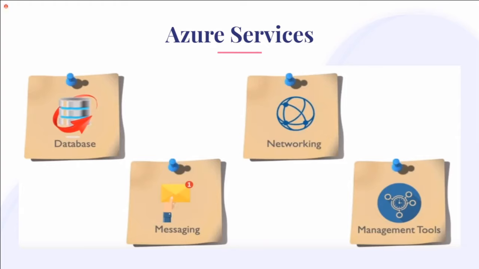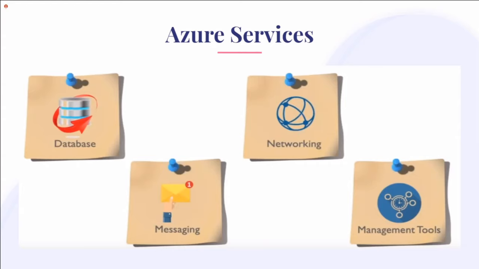Now let's go to networking. Again, this is one of the most important features and services provided by Microsoft Azure. Let's say we have an on-premises environment. Now most organizations are getting migrated over to the cloud.